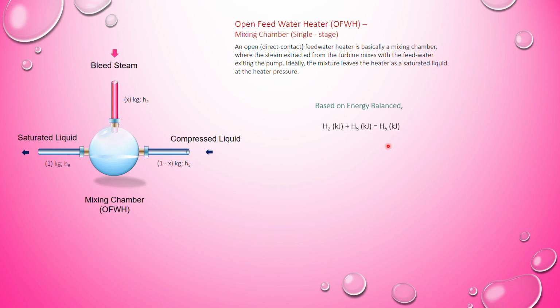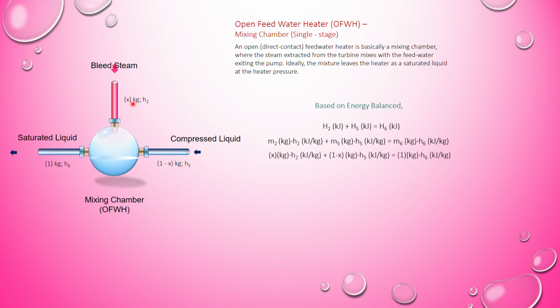Okay, actually, this is what you have here: M2H2, the mass at this stream here times H2, plus the mass of steam that you have here times H5, equals the mass in stream 6 here, M6 times H6, the enthalpy at this line. So we know that our M2 is x kg. We know that our M5, that means here, is 1 minus x kg. And we know that our M6 here is 1 kg.